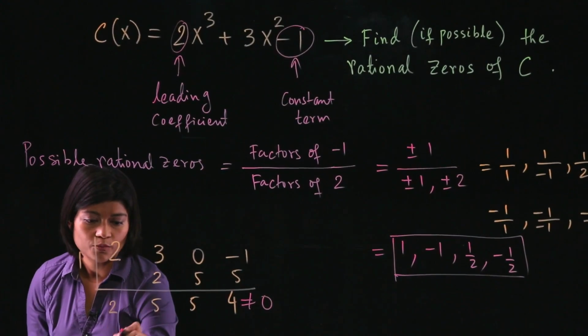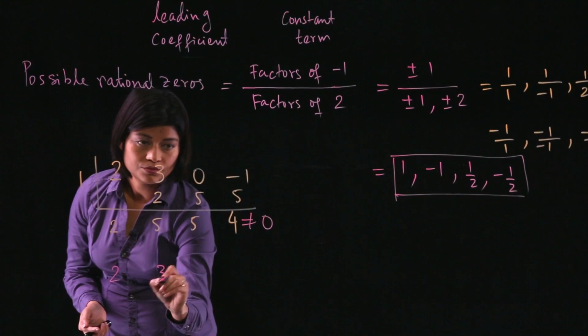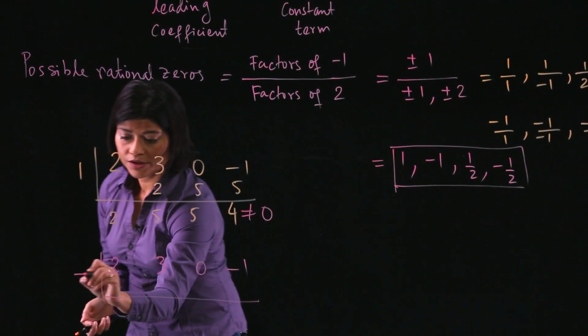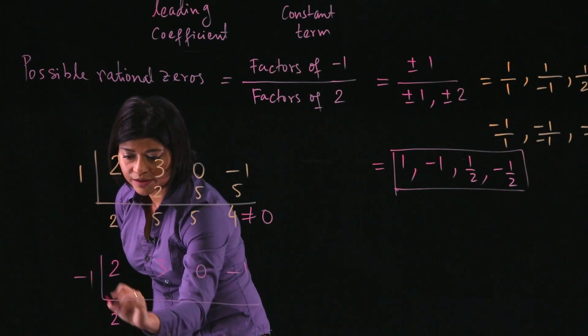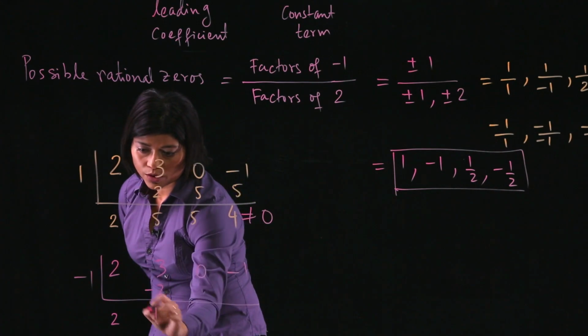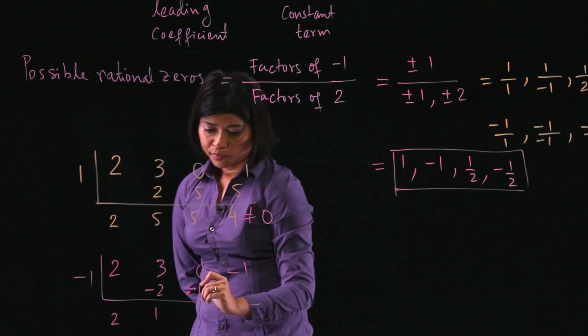Let's try negative 1. So 2, 3, 0, and negative 1, and use negative 1. Bring down 2 again. 2 times negative 1 is negative 2. Plus 3, you get 1. 1 times negative 1 is negative 1.